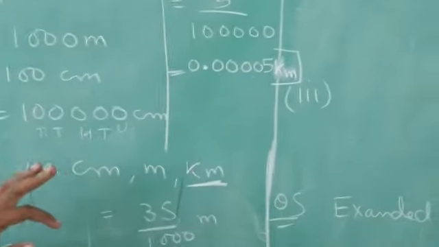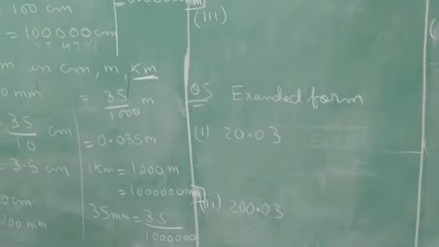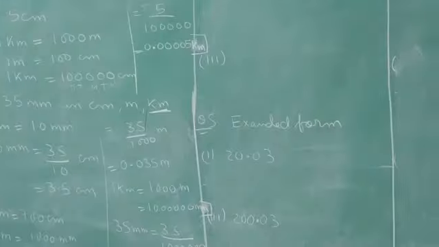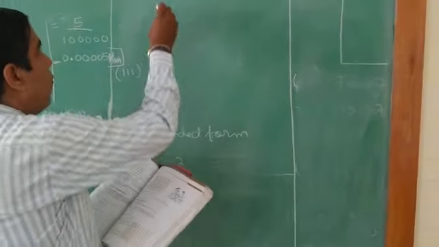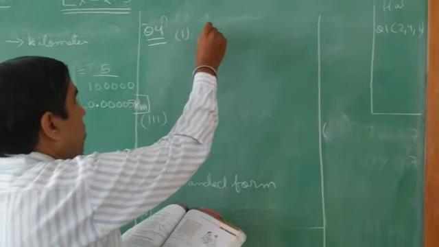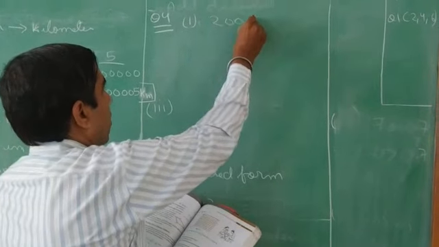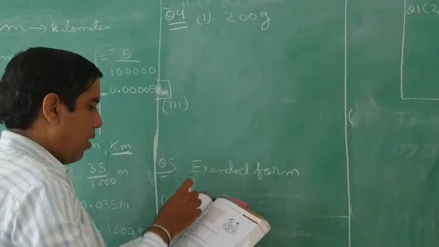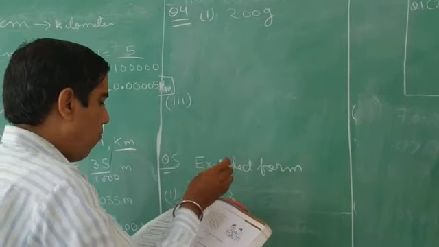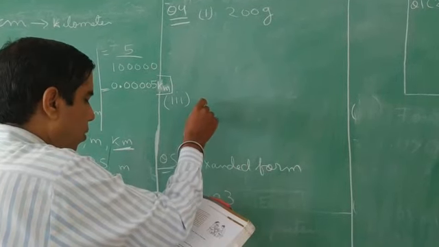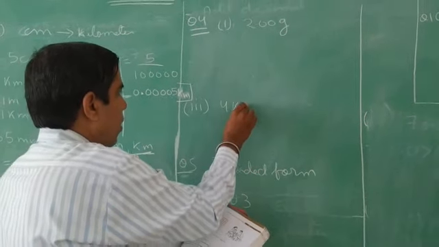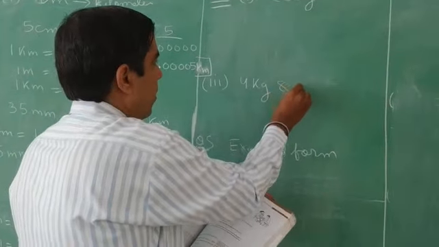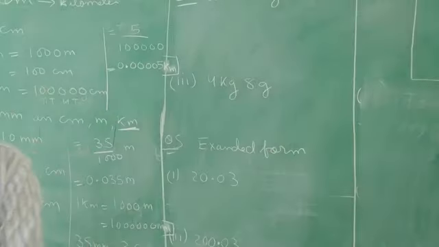Now question number 4 is here with me. Express in kg. The first part is 200 gram. The second part is given in homework. Third part, it is given 4 kg and 8 grams.